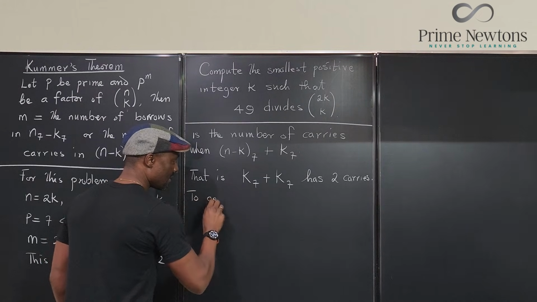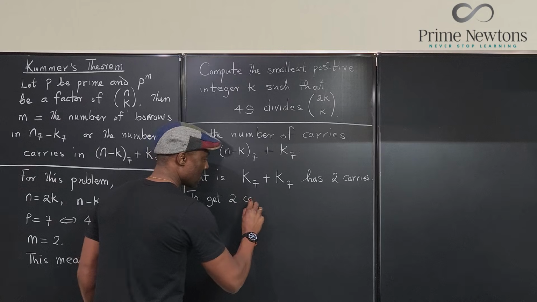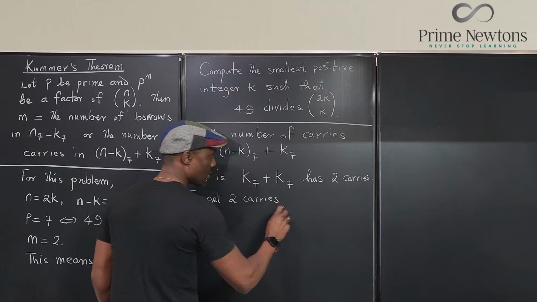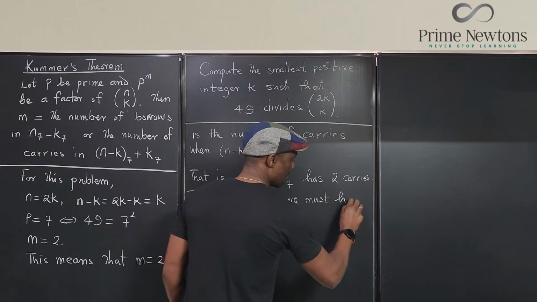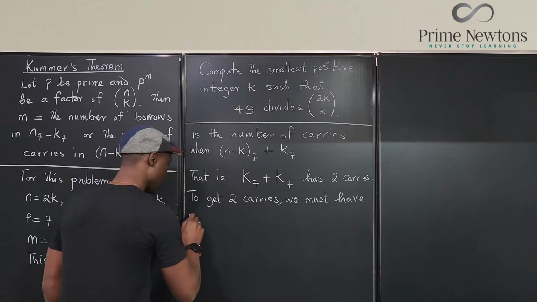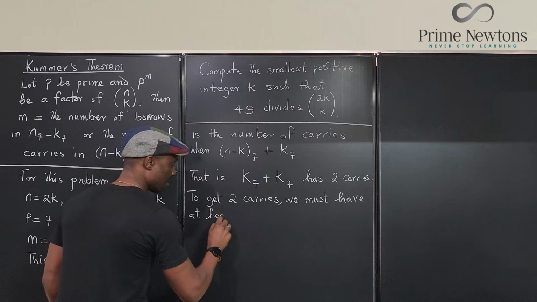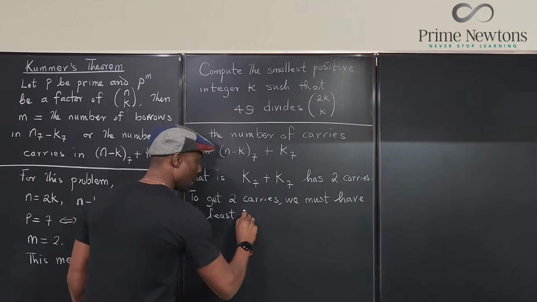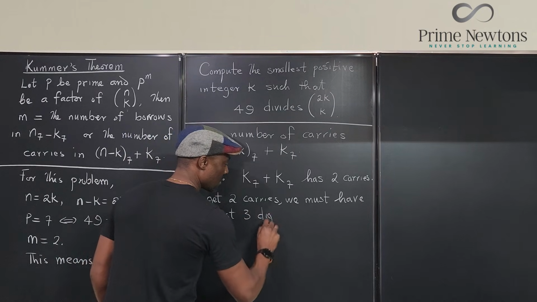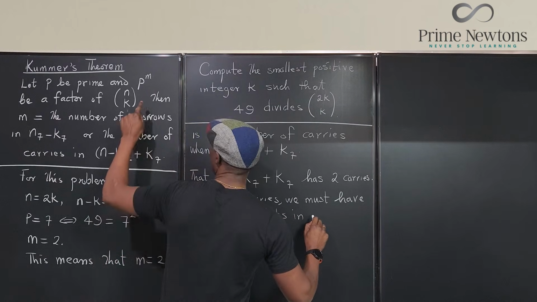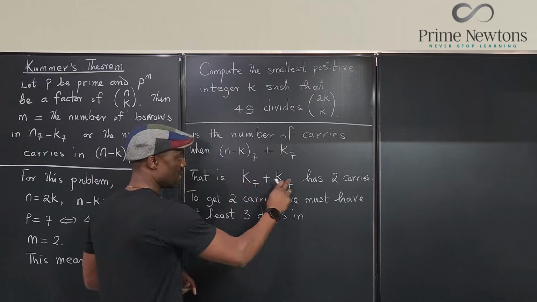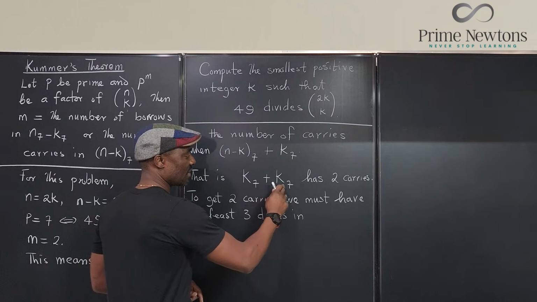To get 2 carries, we must have at least 3 digits in this number, in k base 7 plus k base 7.